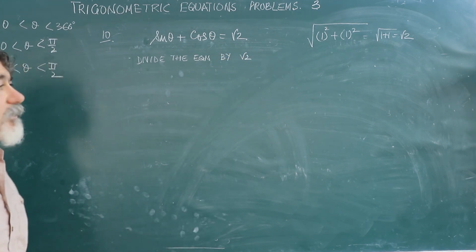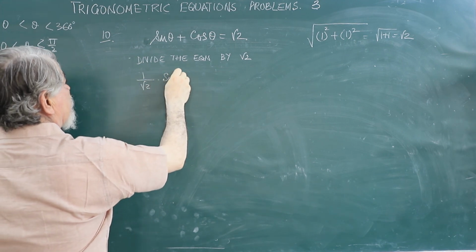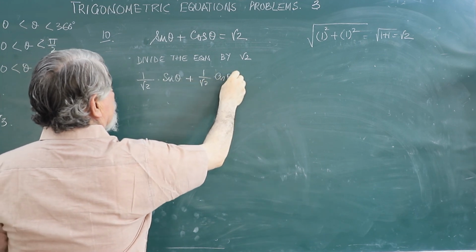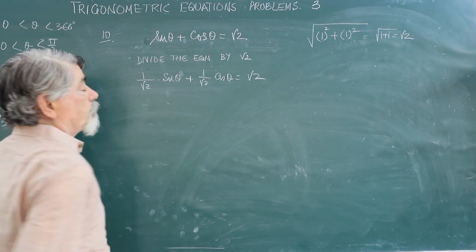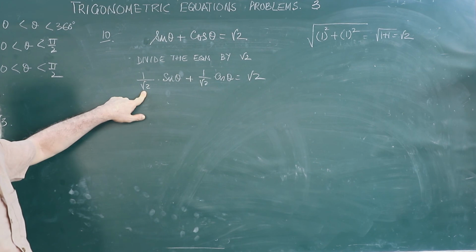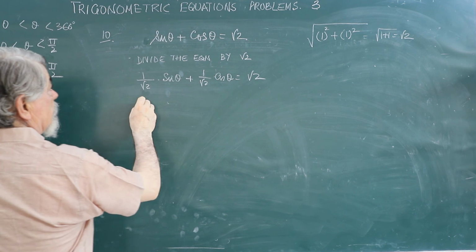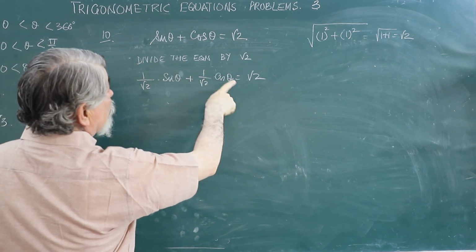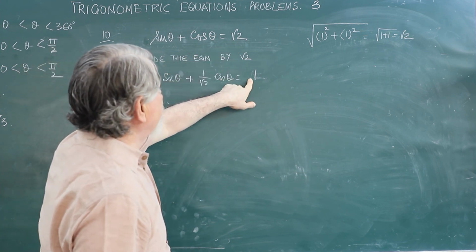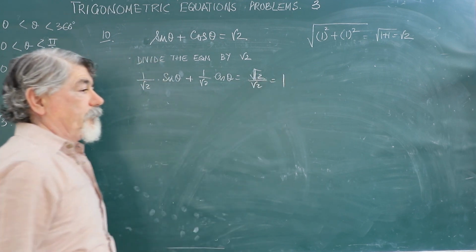When I divide the whole equation by root 2, I get 1 upon root 2 sin theta plus 1 upon root 2 cos theta is equal to root 2 divided by root 2. 1 upon root 2 I can write as cos 45, also I can write it as sin 45. I would prefer to write it as cos 45. Root 2 divided by root 2 will give you 1 here.